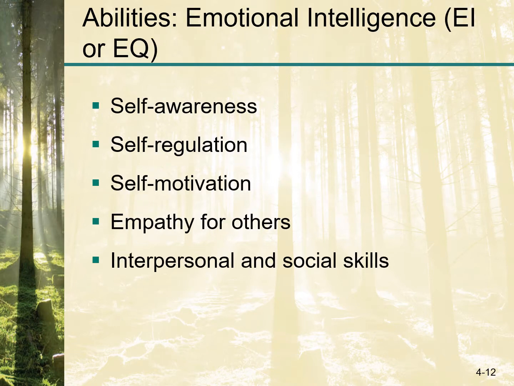The last kind of intelligence we'll discuss is emotional intelligence, or emotional quotient. You see both terms used. This is a term that was popularized about, I want to say 7 or 8 years ago. You were seeing a lot of books being written on emotional intelligence or emotional quotient, and the key piece here is emotion.